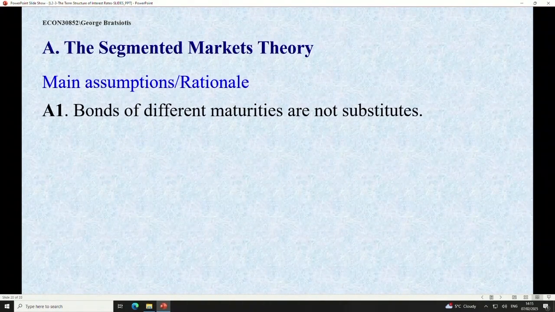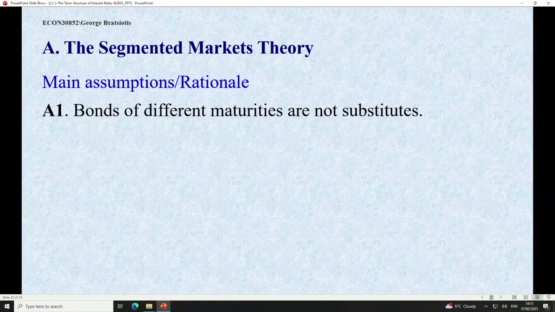The segmented markets theory, what is the main assumption or the rationale? They assume that bonds of different maturities are not substitutes. So if you've got investors, they will want to deal in a particular market, the 5-year, the 10-year, the 20-year.